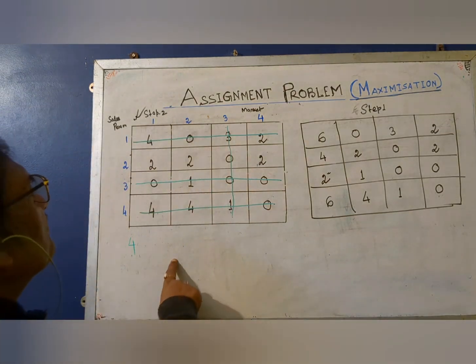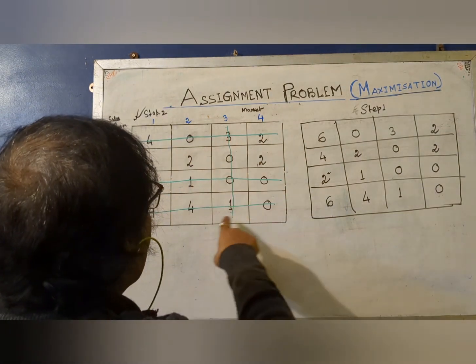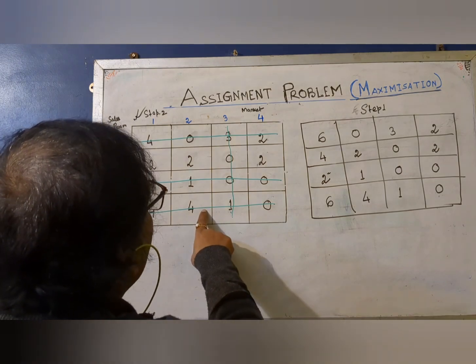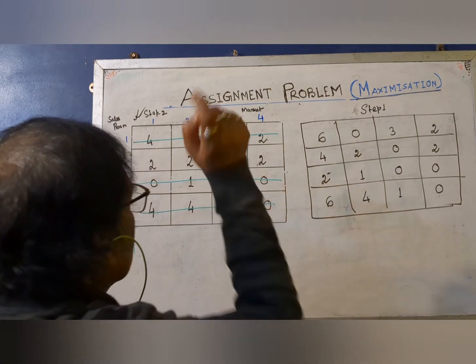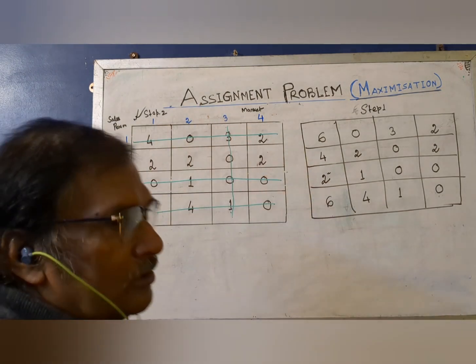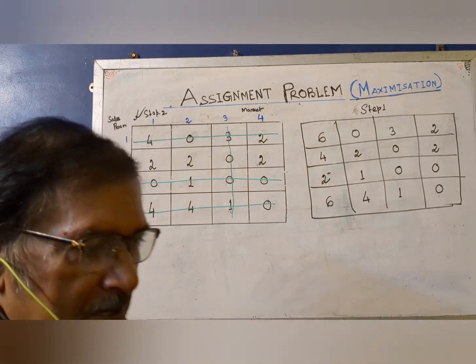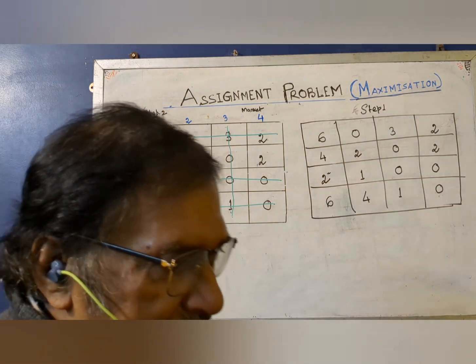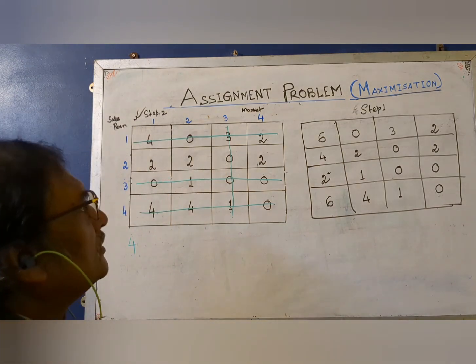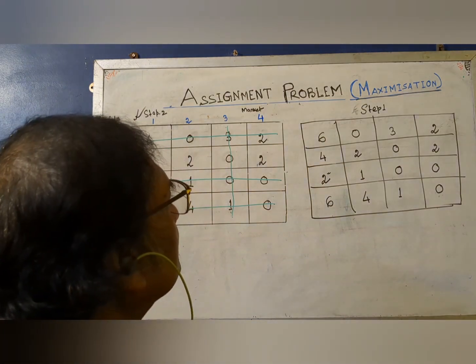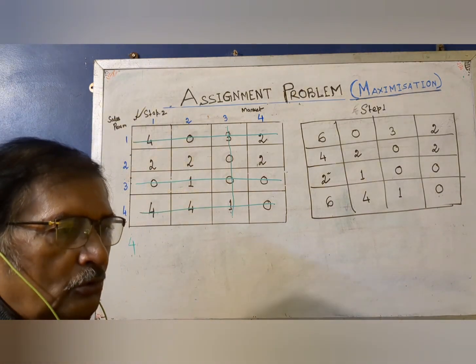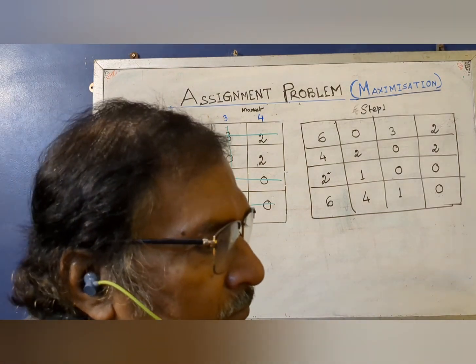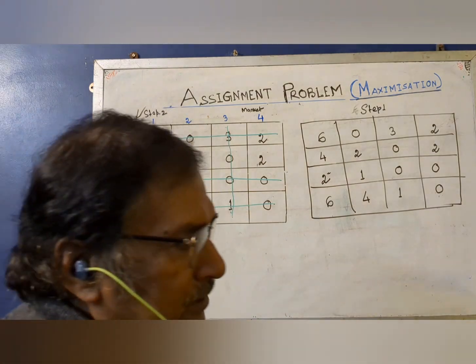In this case, the total number of horizontal and vertical lines is 4: 1, 2, 3 and 1. This is 4, and the order of the matrix is also 4. As the order of the matrix and the number of lines crossing the zeros are the same, we have reached the optimum. You need not do further row or column operations.